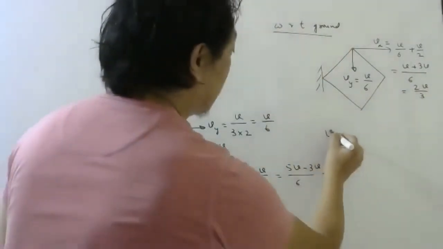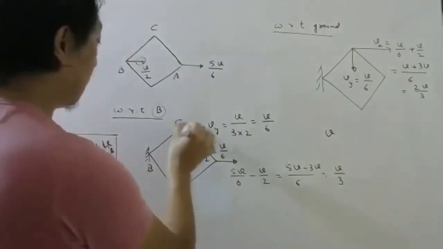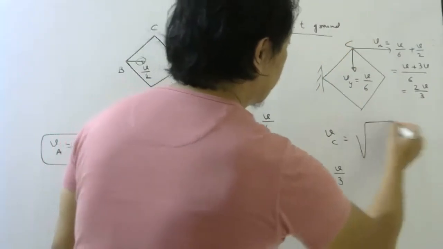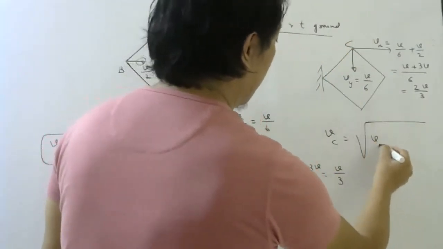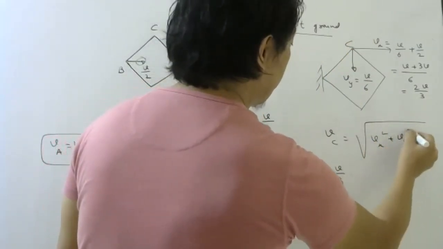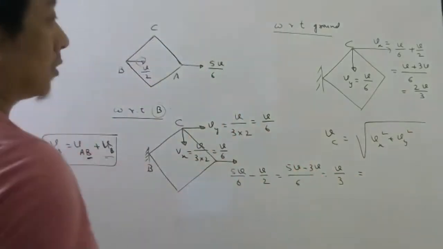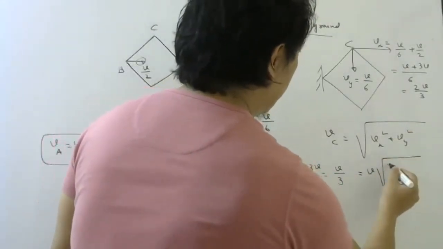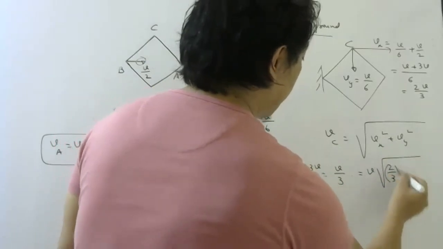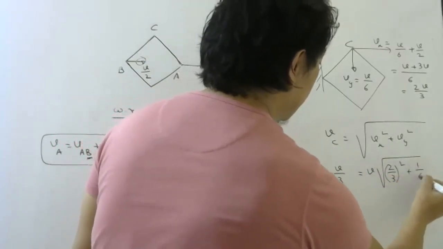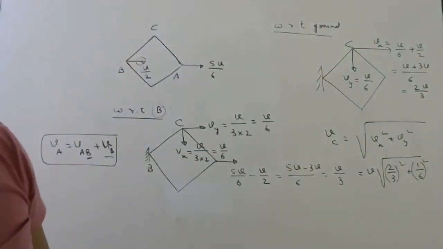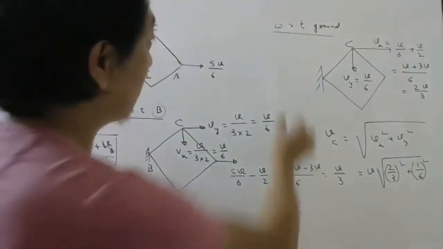So final velocity of this point, which was C, will be root over Vx square plus Vy square. If I take common, common is only v. So root over 2 by 3 square plus 1 by 6 square. Show me that you will get the same answer.